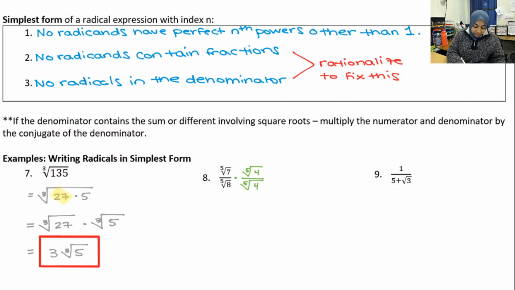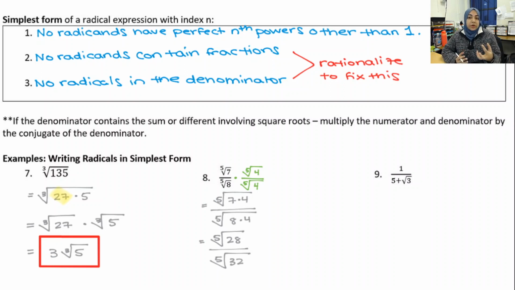So what that's going to simplify to now is 5th root of 7 times 4 over 5th root of 8 times 4, which becomes 5th root of 28 over the 5th root of 32. See how it's so important to be comfortable with your numbers, right?